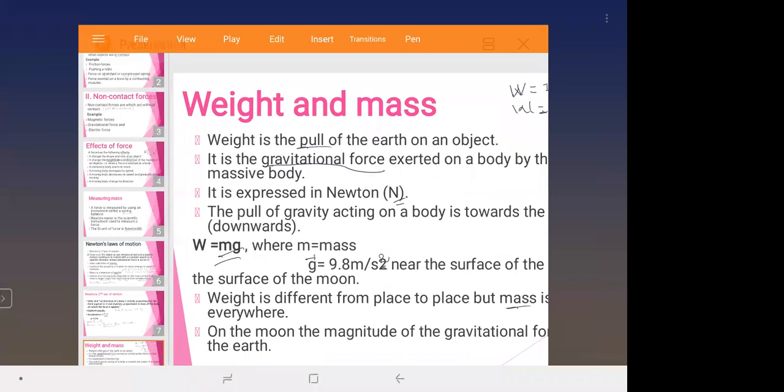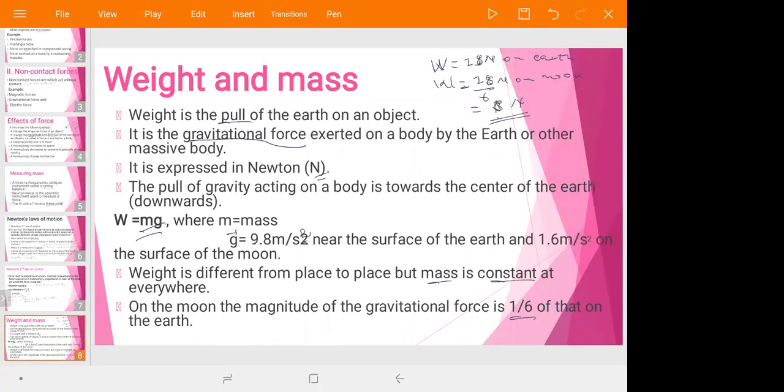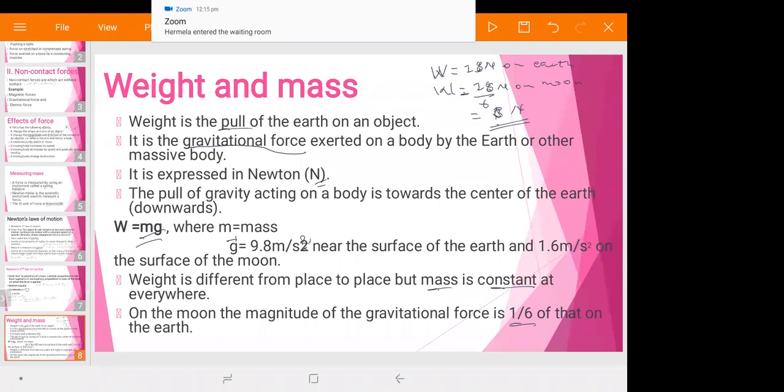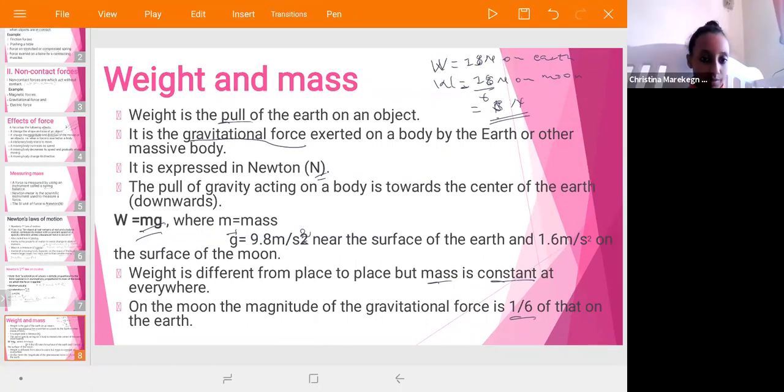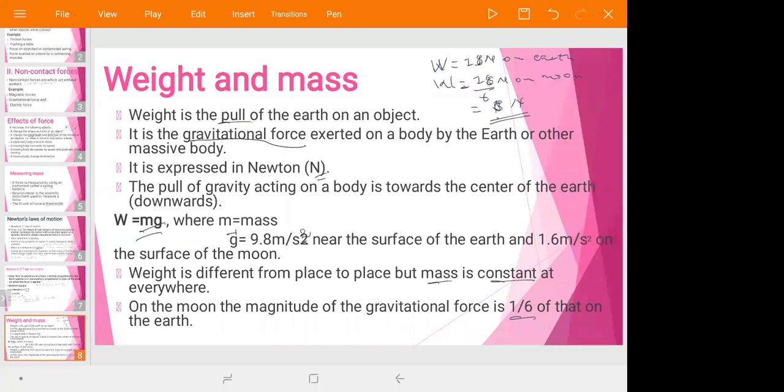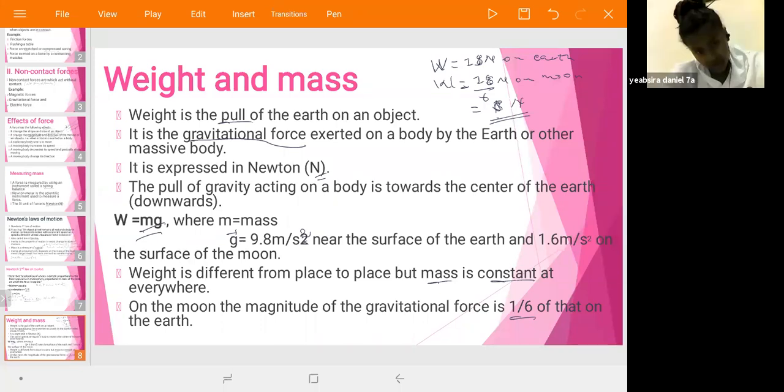So under Newton's second law, you must know the equation force is equal to mass times acceleration, as well as weight and mass, and what Newton's second law states about the relationship between force, acceleration, and mass. So, let us see one or two examples on this board.